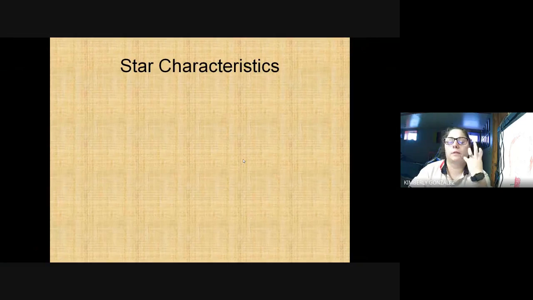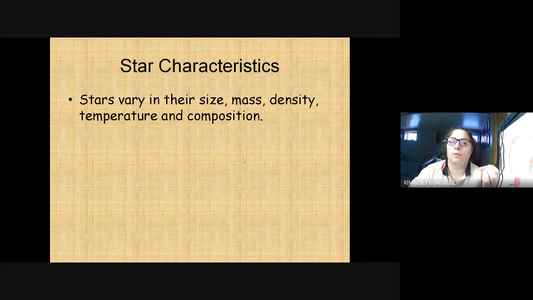All right, so let's talk about these characteristics of stars. Like I said before, even though they're going to be larger than our star, they're going to vary in size. They're not all one size fits all, which means that they're going to have a different mass. They're going to have a different density. They're going to have a different temperature, which tells me that they're going to be a different color, because the color variation is dependent on temperature.